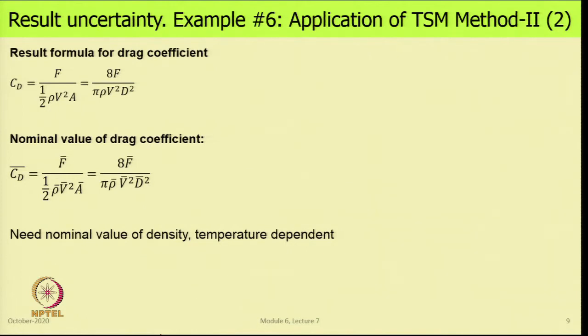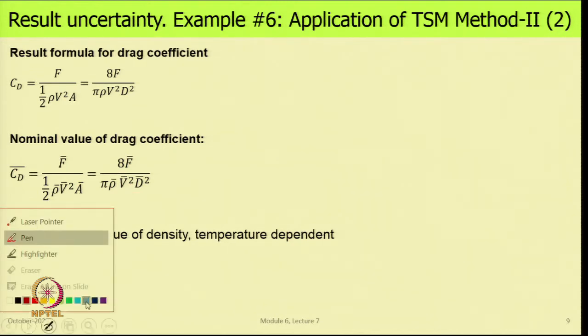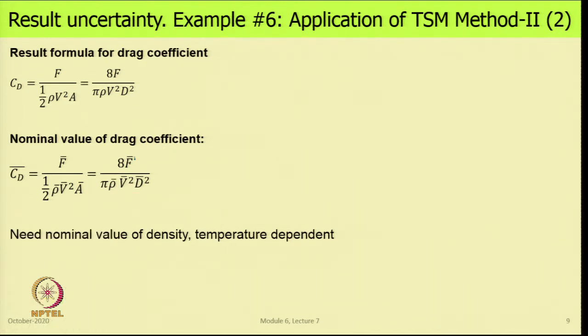So, first we have our result formula for drag coefficient, and the nominal value is that we just put a bar. So, these were all the values which were measured. If you look at what we had just now in the previous slide, we had this value, this value, this value, and this value. This value is not directly available, but as a temperature.